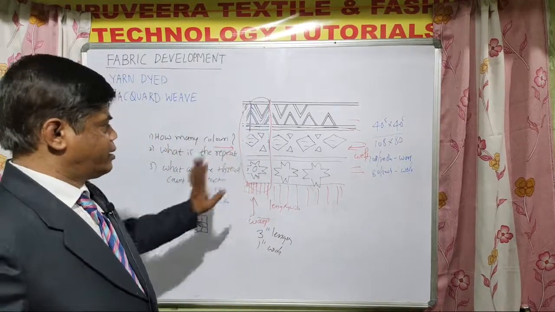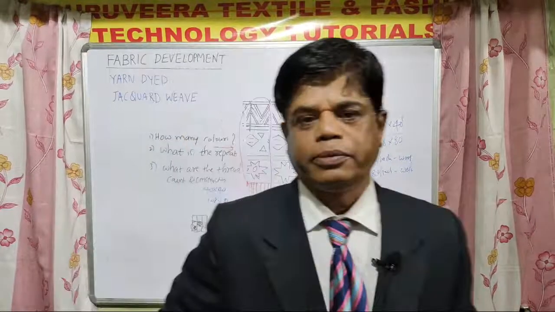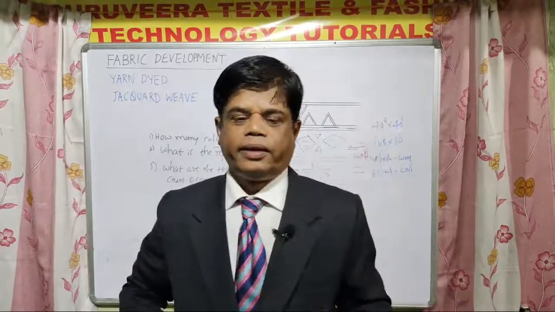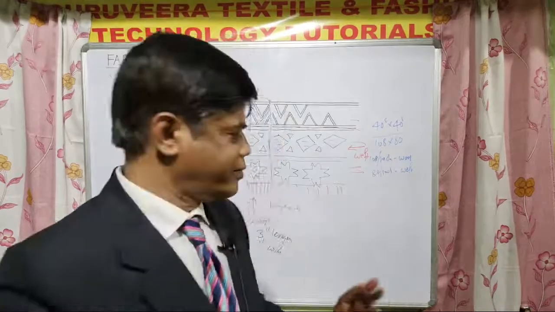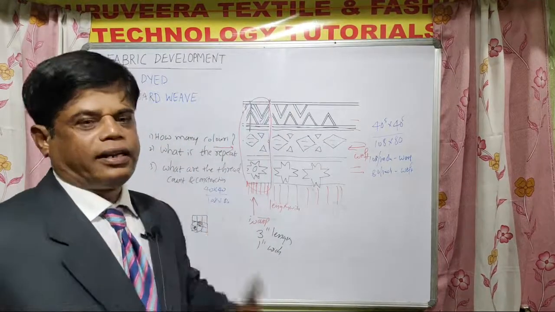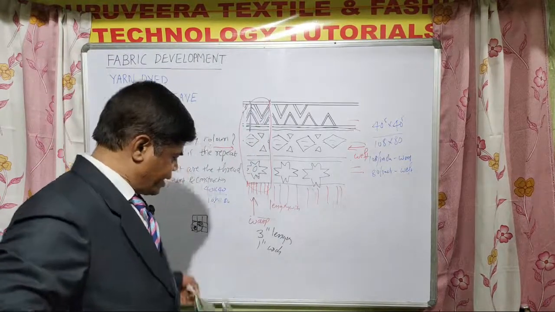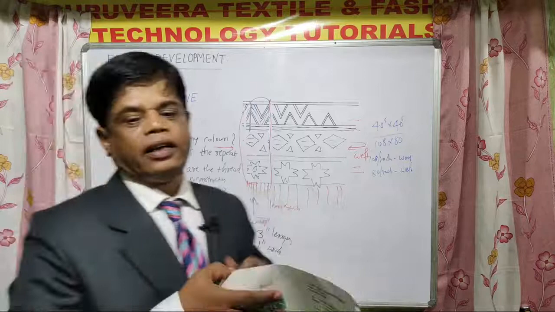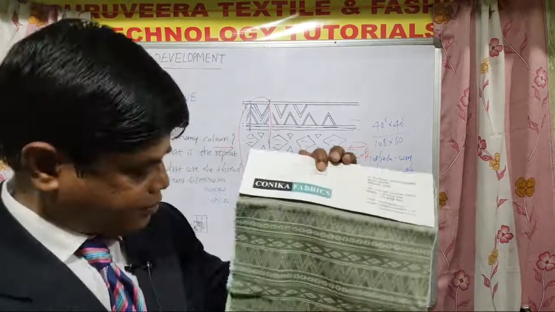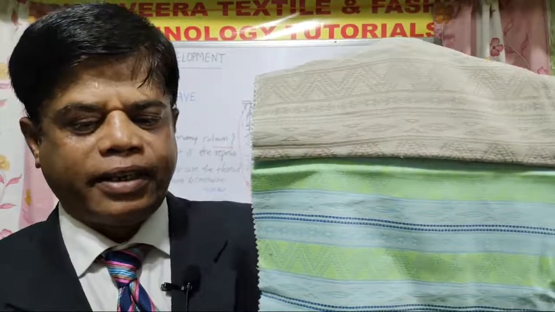Now the second thing. Suppose the buyer or garment export house gives an order on this fabric. How many color fabric? What I show is a single color fabric, but it is developed. This type of fabric can be developed in many designs. Here, see, this is also one of the designs. Same design, other colors.